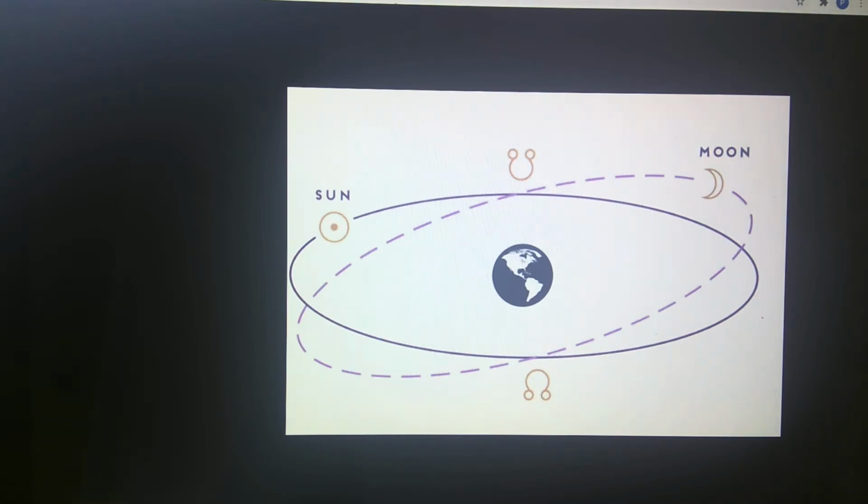So right now the north node is in Gemini and the south node is in Sagittarius. So we've been having eclipses in Gemini and Sagittarius season, which is late May, early mid-June, and late November, early December, respectively. That's Gemini and Sagittarius season.